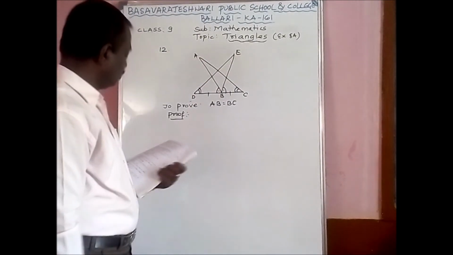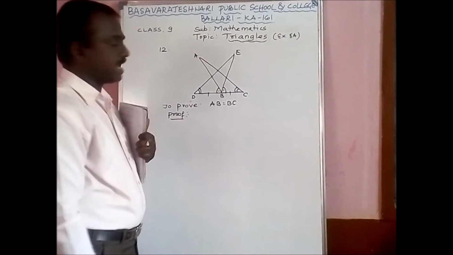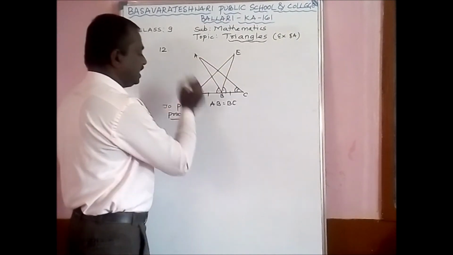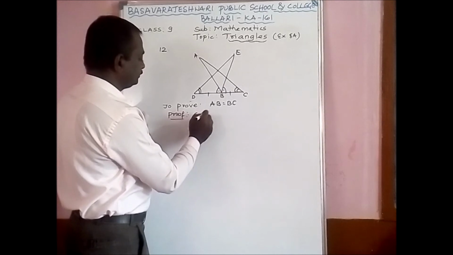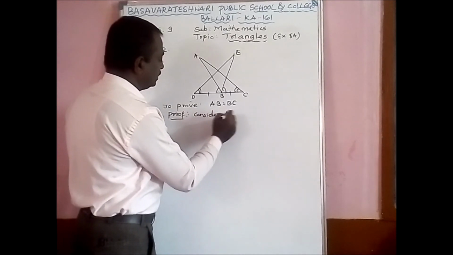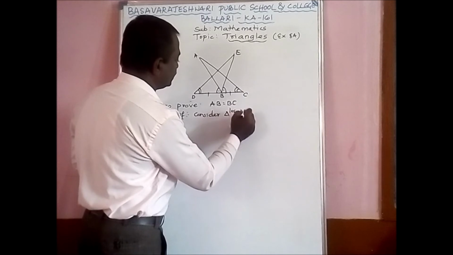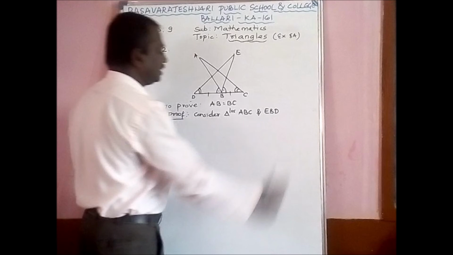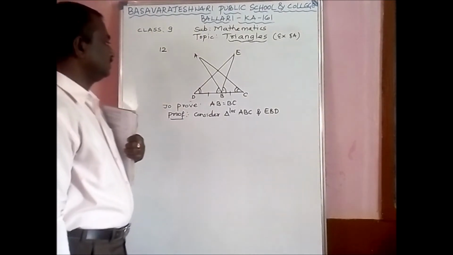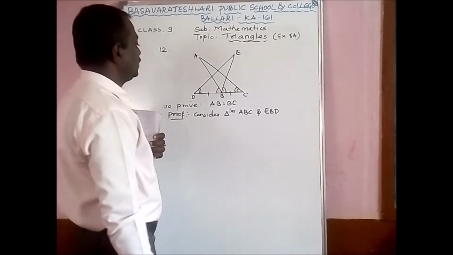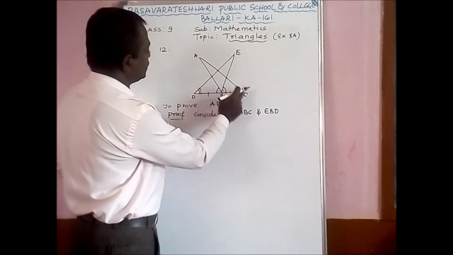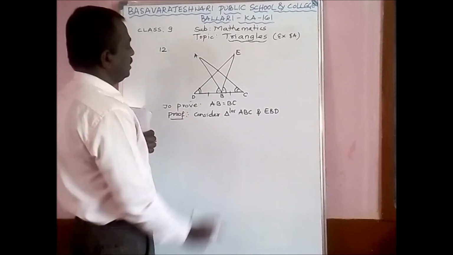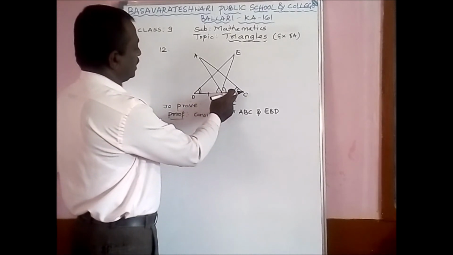Now we have to consider two triangles. What are those two triangles? Triangle ABC and triangle EBD. Consider triangles ABC and EBD. Prove the congruency now. In triangle ABC, if you observe, these angles are equal.